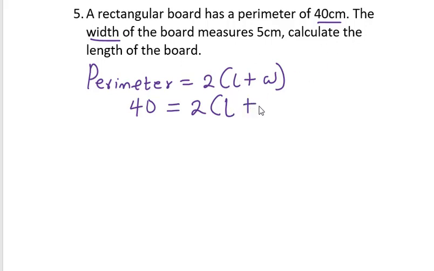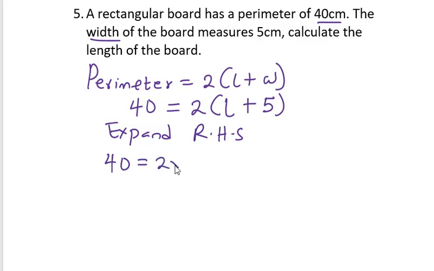And then what do you have here? 5 for the width. So we need to expand the right hand side, that is this side, expand it. So we have 40 is equal to 2 times L plus 2 times 5. So 40 is equal to 2L plus 10.